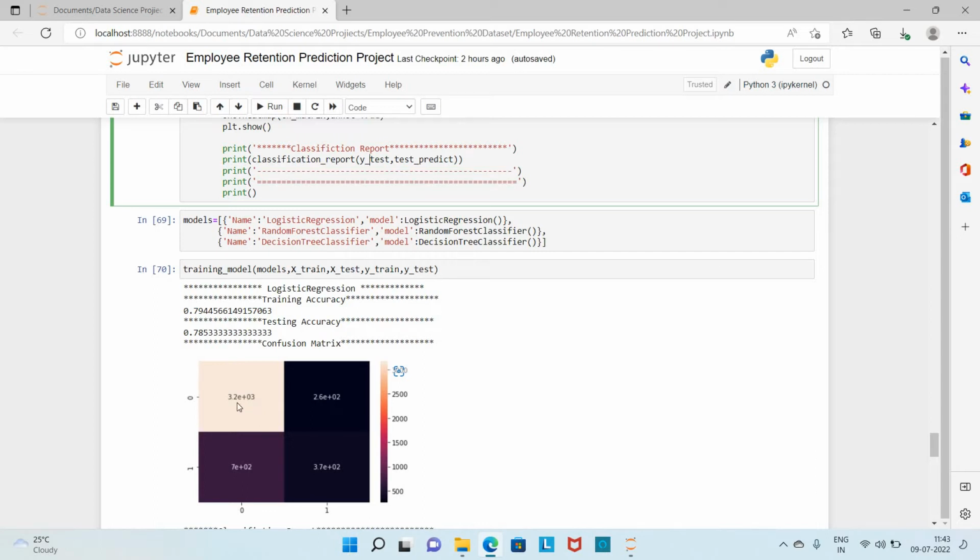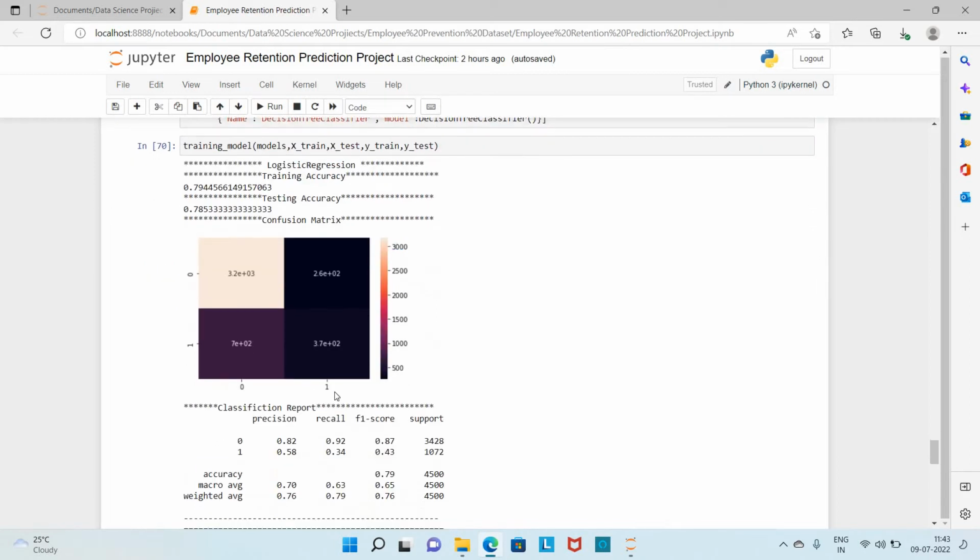The true negative is around 3070 records here. The concept is that this is the actual value and this is the predicted value.